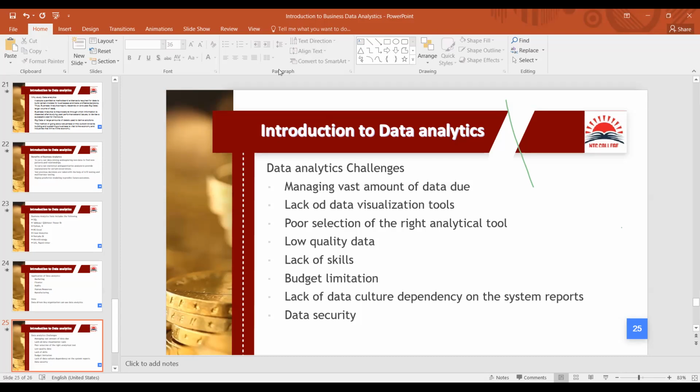So for the managers and the senior staff, it's important that you support budgets, especially related to business data analytics, because the end result is that the organization will benefit.